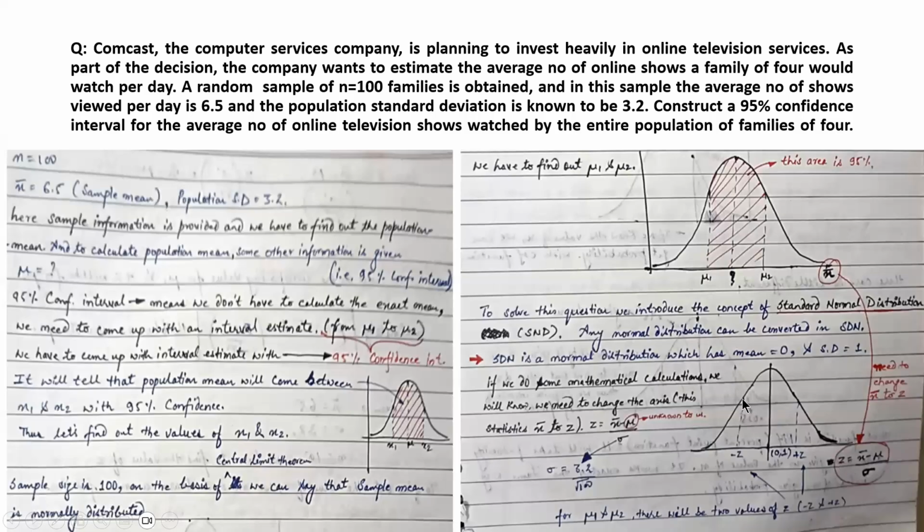We will have two values for z, the minus value and the plus value, because if I convert it into a standard normal distribution, the mean will be 0. The value to the left-hand side will be negative, the value to the right-hand side will be positive. We will have these two values, and we have to find the mu of the population. So we know the formula.